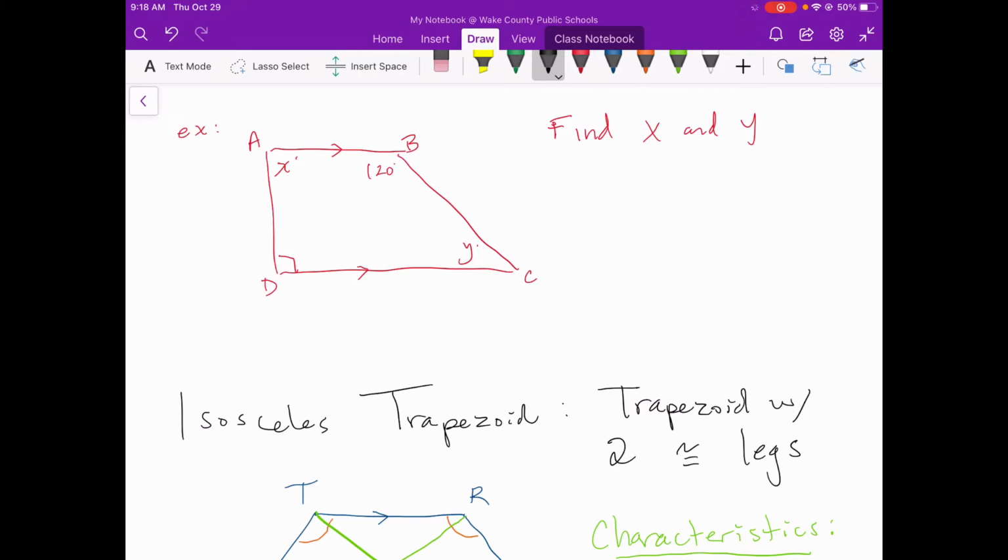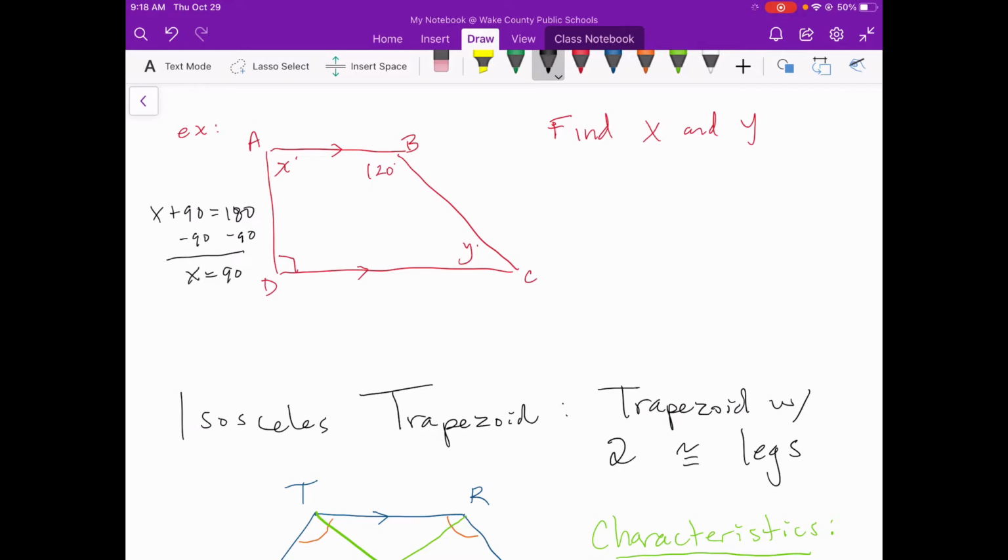Because they're parallel and they share that transversal AD, these two would be same side interior angles. So we could say that x plus that 90-degree angle is 180 degrees. We could figure out x by subtracting 90 from both sides, and x would also be a 90-degree angle.